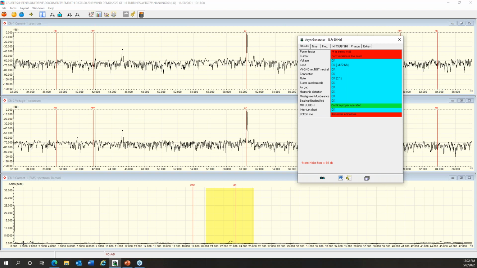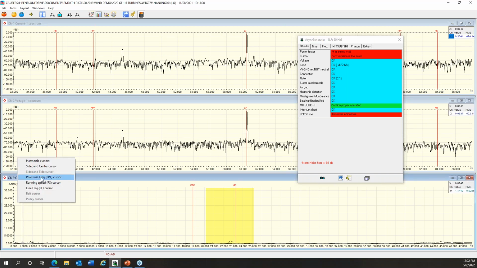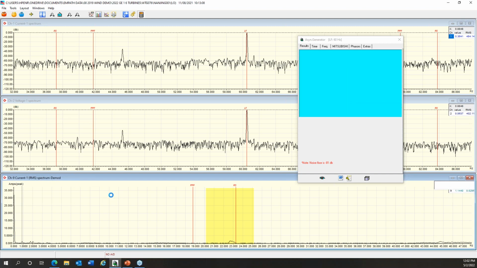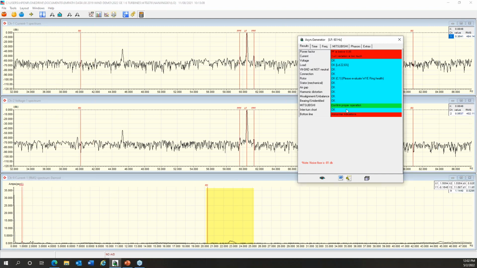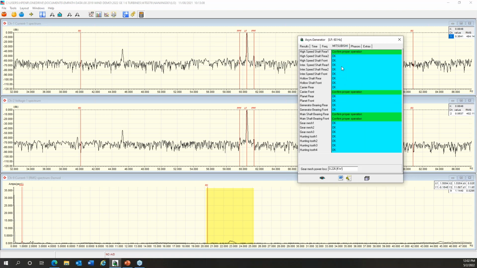Okay, pole pass frequency is obviously not there, and this is a 1.6, so my pole pass frequency will be here. There we go. Notice that right there. That is my wiring signature. So as I take a look at this one, and I take a look at some of the conditions, I have main shaft bearings.